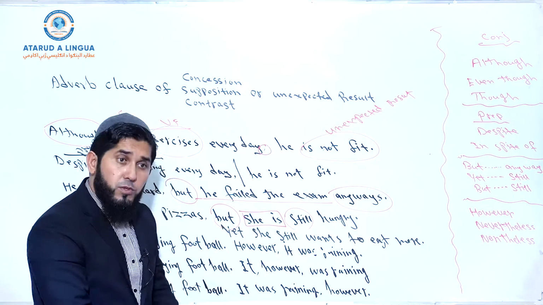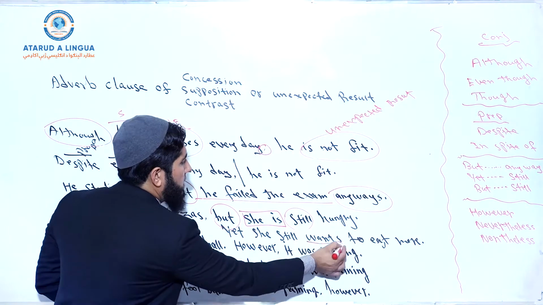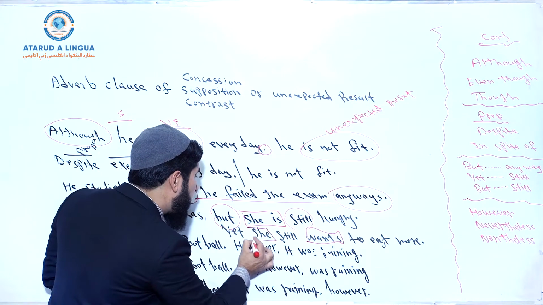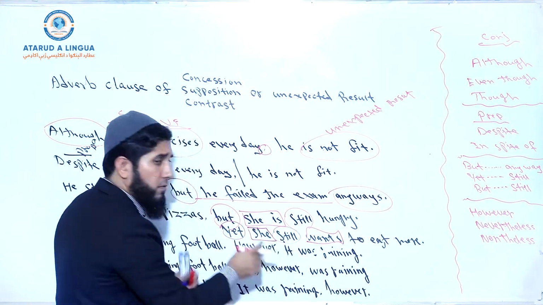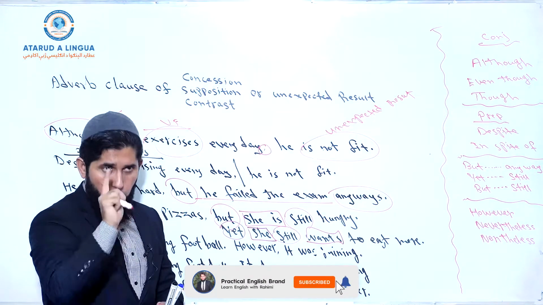But if you do not have a to be verb, like here, "yet she still wants to," see, it's not a to be verb, right? So then only the subject comes between the two parts of your paired conjunction. That's the difference. Okay, don't forget.